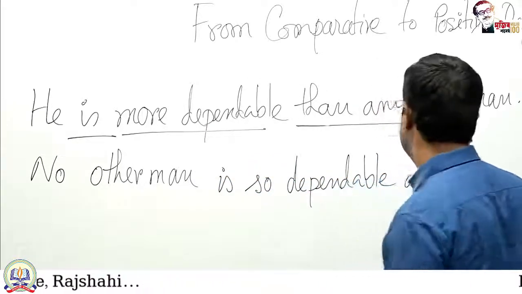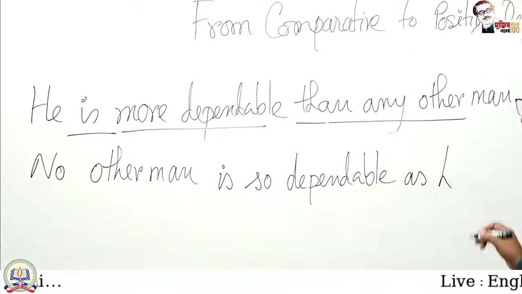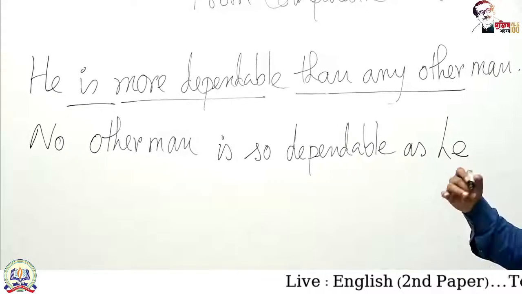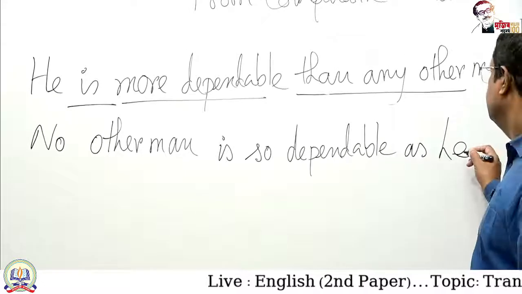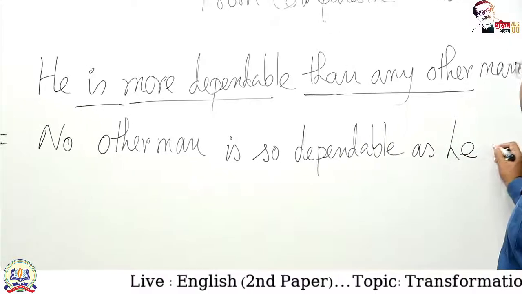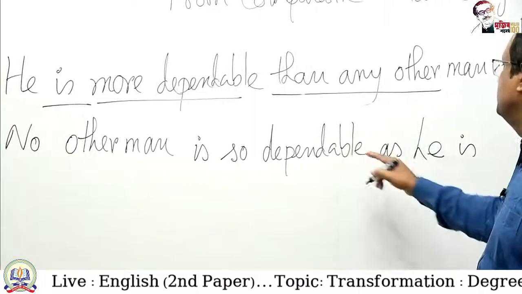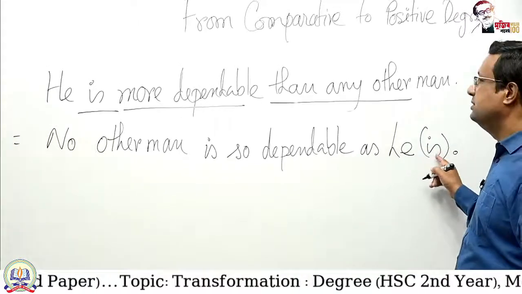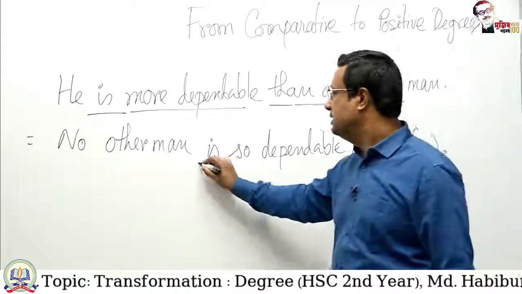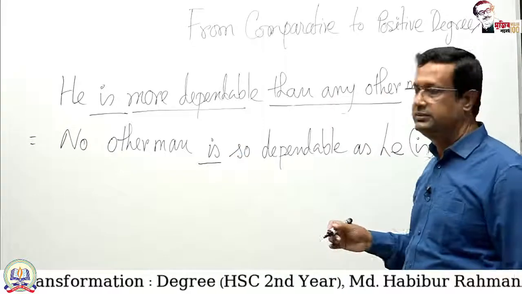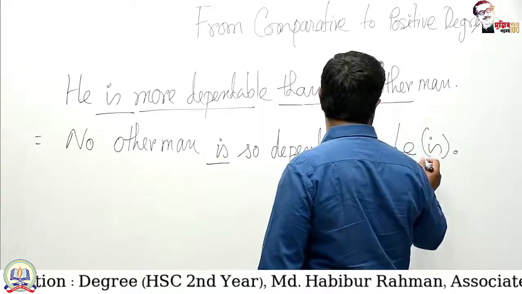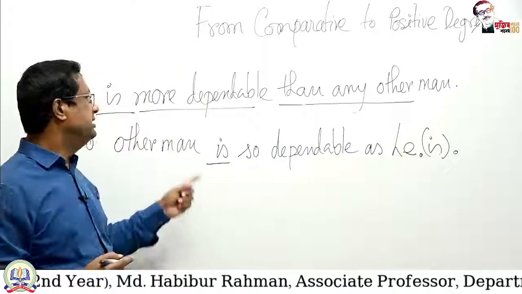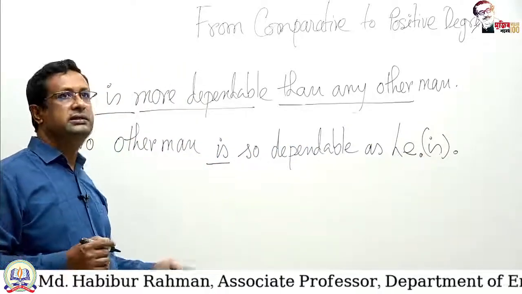Always he, not the objective form; you will write the subjective form. I again remind you, this is actually so dependable as he is. We don't write this verb again as we have used it previously. So we stop here: no other man is so dependable as he.